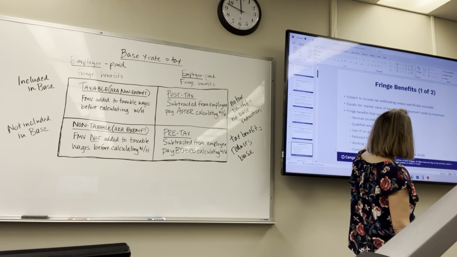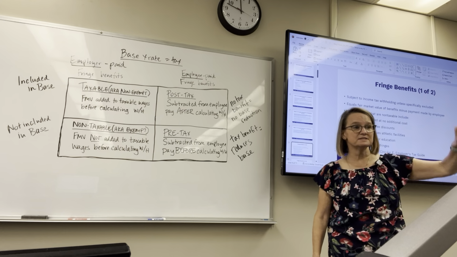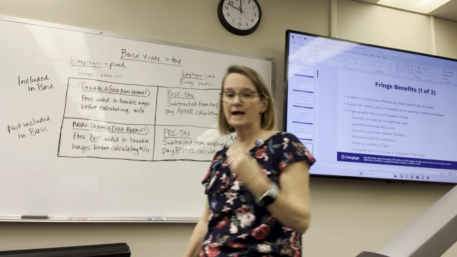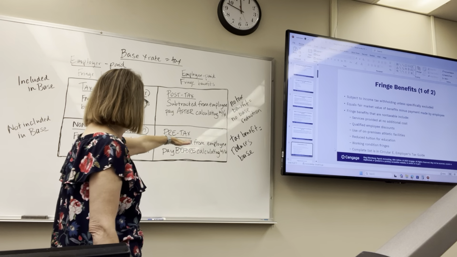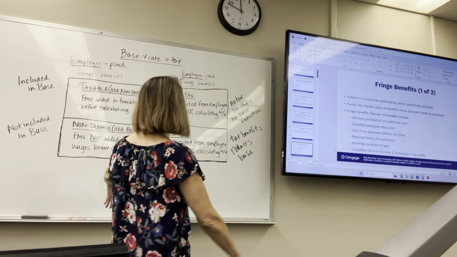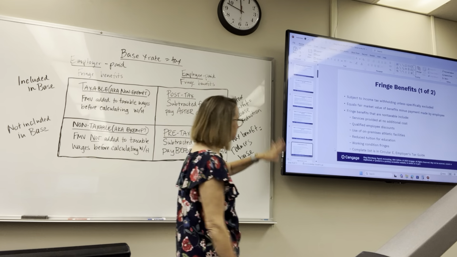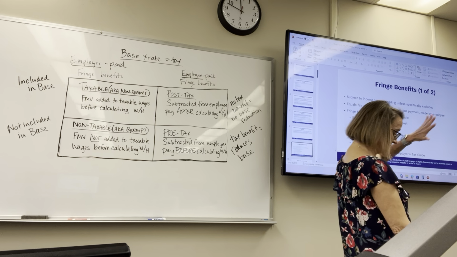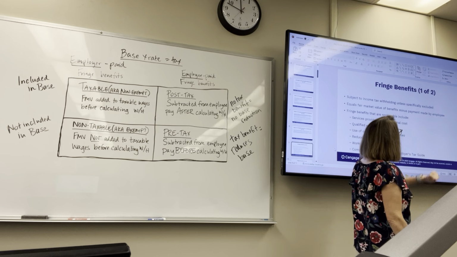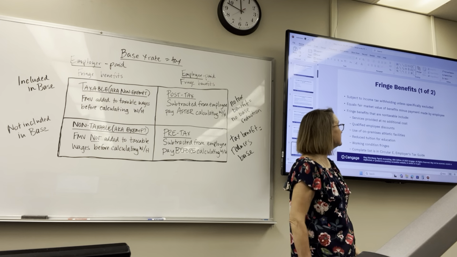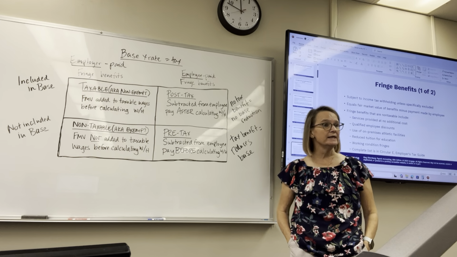Subject to income tax withholding unless it's specifically excluded. So there has to be a specific exclusion for the fringe benefit for it to be pre-tax or non-taxable. Otherwise, it's not going to provide any tax benefit. The taxable amount equals the fair market value of the benefits minus any payment made by the employee.